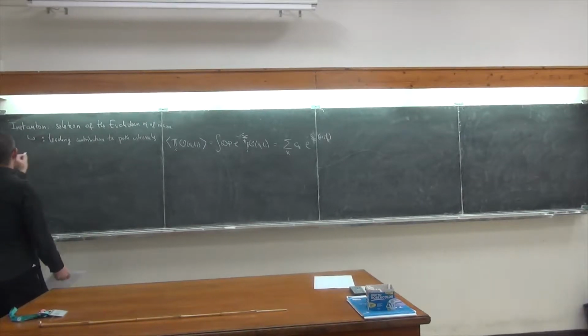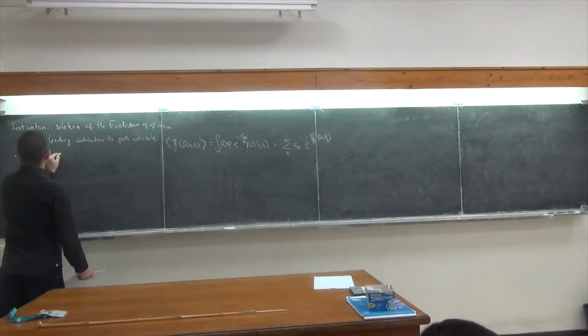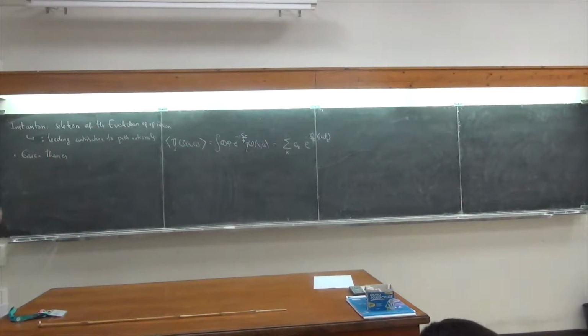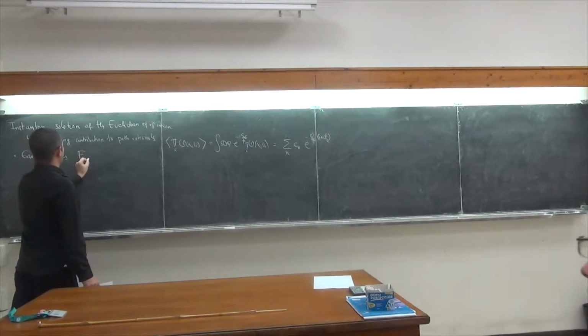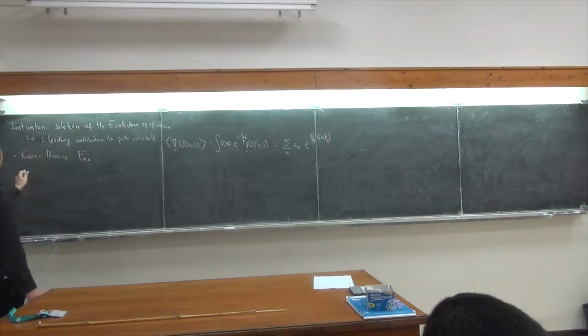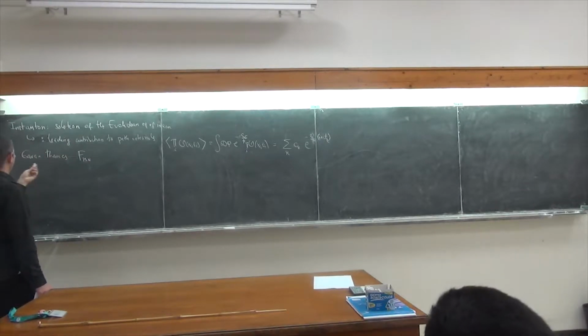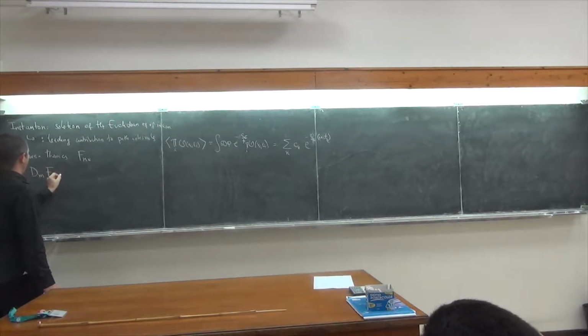Now for gauge theories, essentially a gauge theory is given by a field strength or a connection, and you have two equations. One is the Bianchi identity.